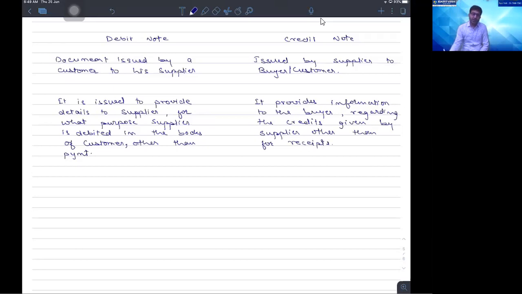If at all your account has been credited, in that case the supplier will be issuing the credit note.